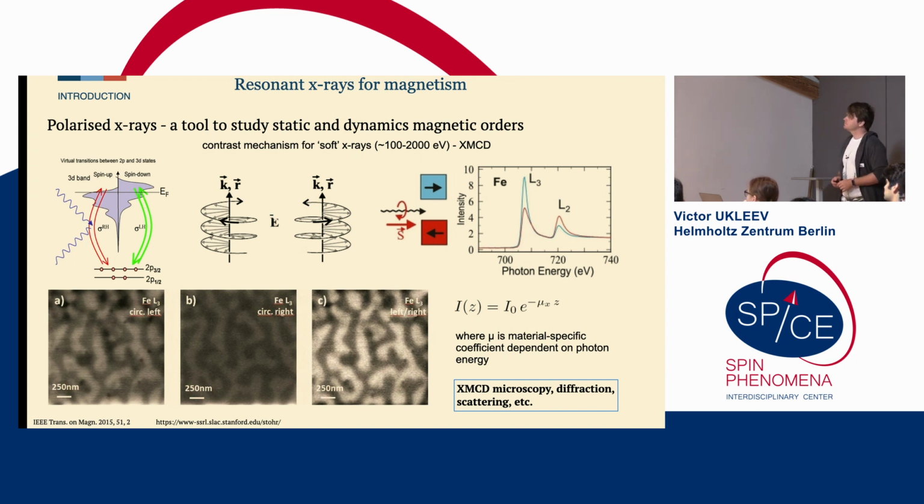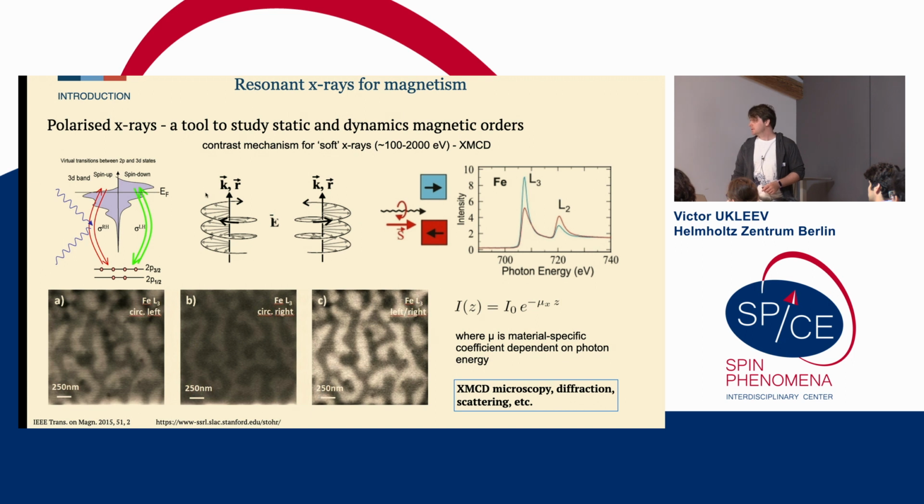The contrast mechanism of generating magnetically scattered photons is the following. If we have 2p core shells and spin polarized 3d band, with photons carrying opposite orbital momentums, meaning left or right circularly polarized, we can selectively excite these 2p to 3d transitions.